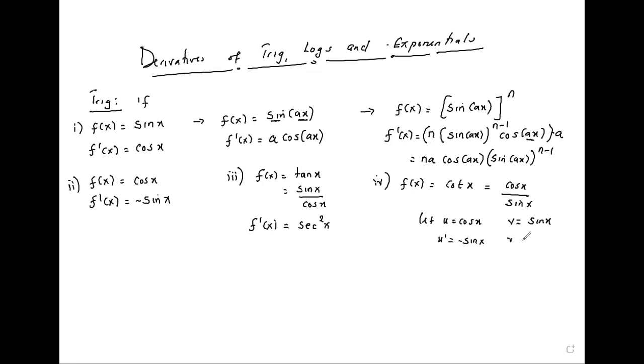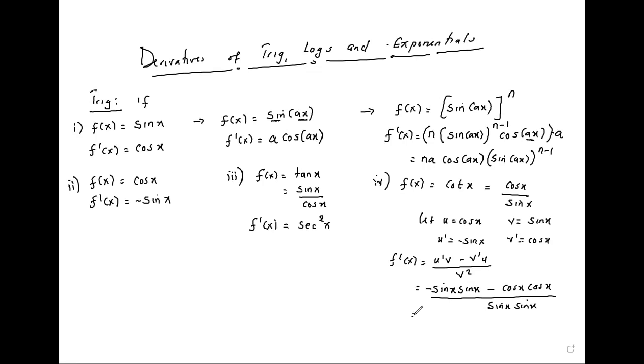Derivative of sine is cos. So when we put the derivative, we'll say u prime v minus v prime u over v squared. That would be u prime is negative sine multiplied by v, which is sine. And then minus v prime is cos multiplied by u, which is cos. And then divide by sine squared, which I'll write as sine multiplied by sine.